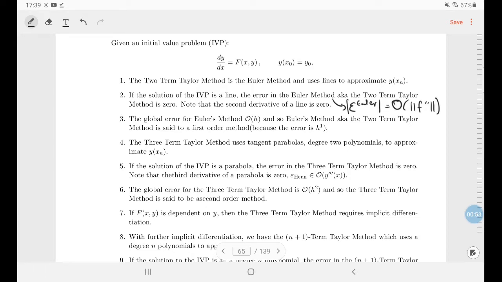So the global error for Euler's method is order h, and so Euler's method, aka the two-term Taylor method, is said to be first order because the error is h to the 1.